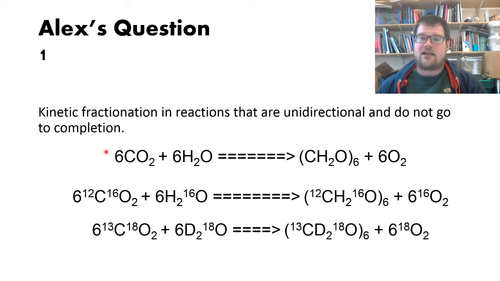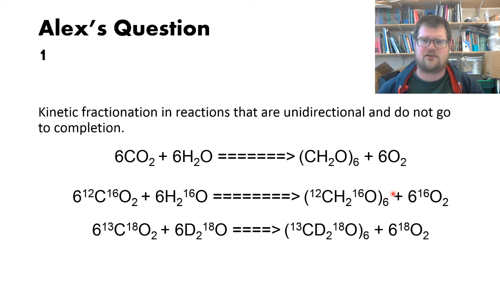So what happens here is we take these reactants and form products, but the reaction rate of this equation here, which is made up of all the light isotopes, is faster than the reaction rate of this one, which is all of the heavier isotopes. First of all, if these reactions went to completion, if we took all of this and converted it into all of that, the ratio of light oxygen to heavy oxygen in the reactants would be the same as in the products.